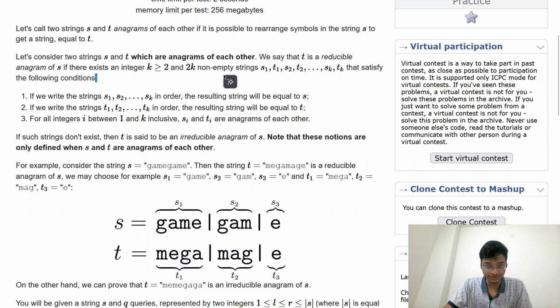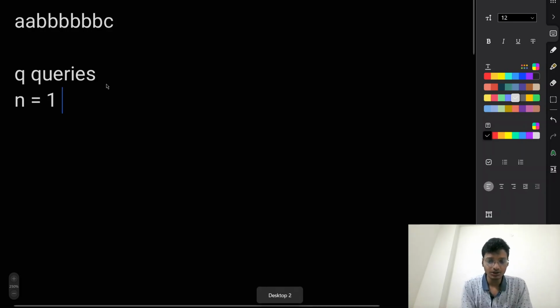If the given substring has length equal to 1, then it will always be an irreducible anagram since we cannot partition it further. The partition must have at least two substrings. So if the length is equal to 1, then we can say it is an irreducible anagram.